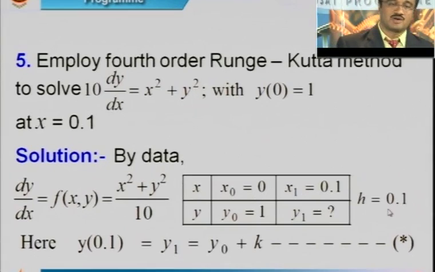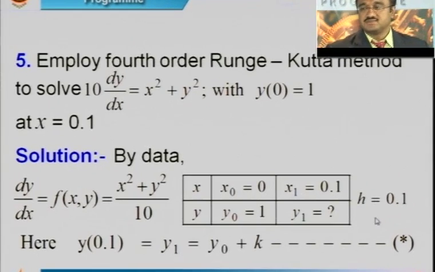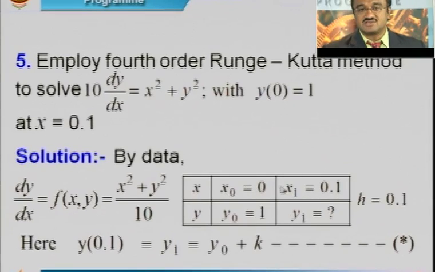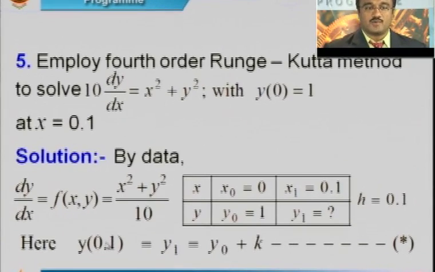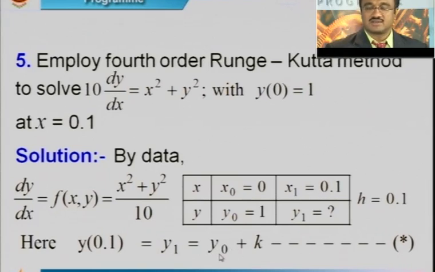Sometimes they mention it in the problem, sometimes they don't. If it is not mentioned, take the difference of x0 and x1 to get h. Here, as usual, they asked to find y of 0.1, that is simply y1. So again use the same formula, y0 plus k.